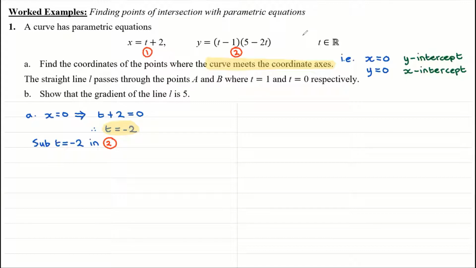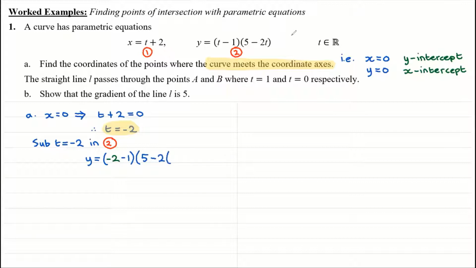And then we get the Cartesian coordinates for the y-intercept. So y is going to equal t, so that's going to be negative 2. So I'll just put that in green. Negative 2, subtract 1. Close that bracket. And then we have 5, subtract 2 lots of negative 2.